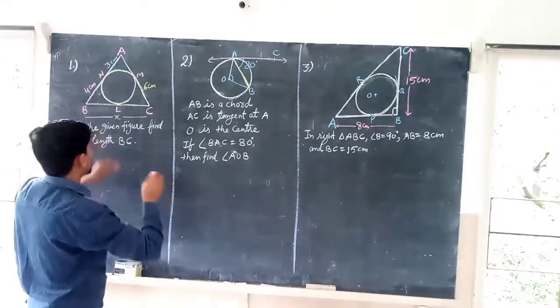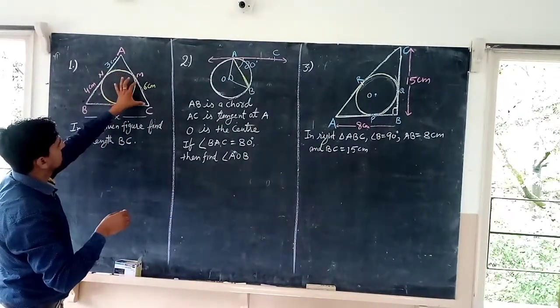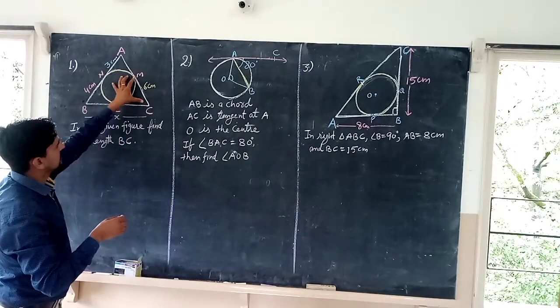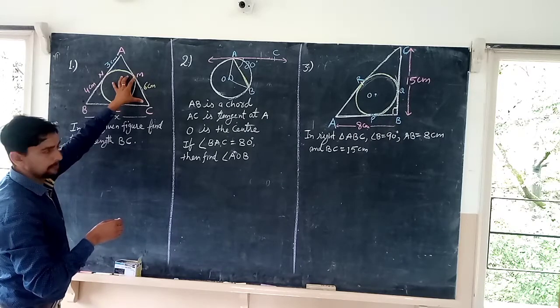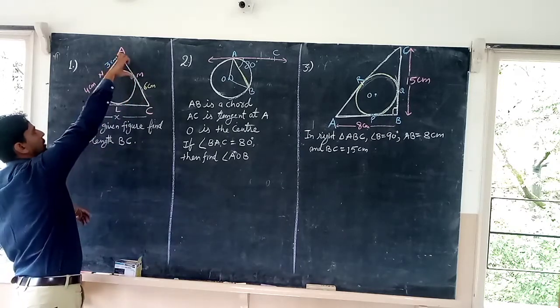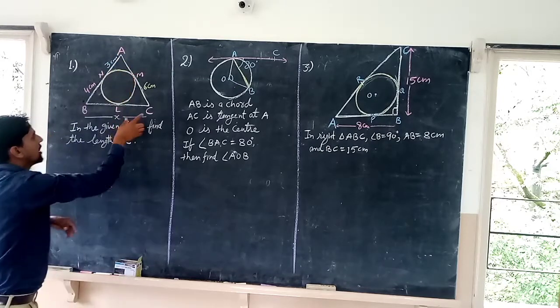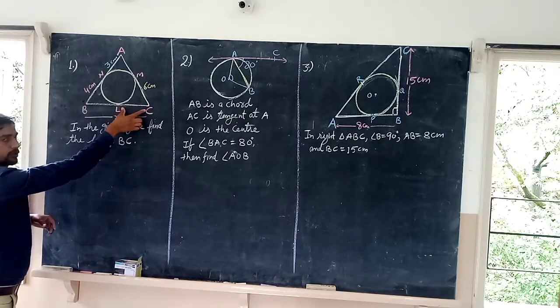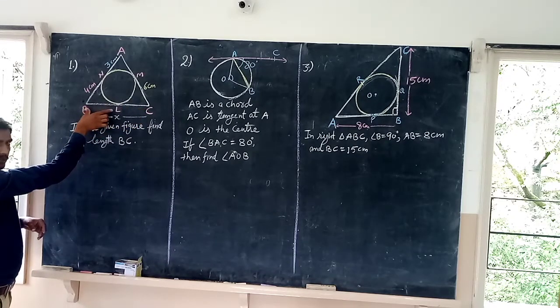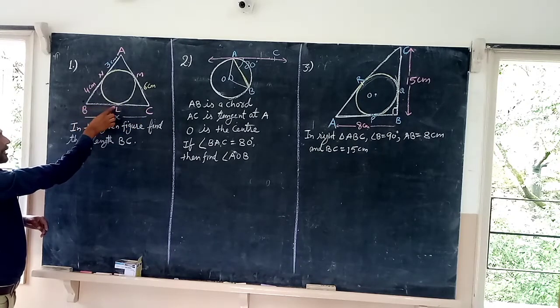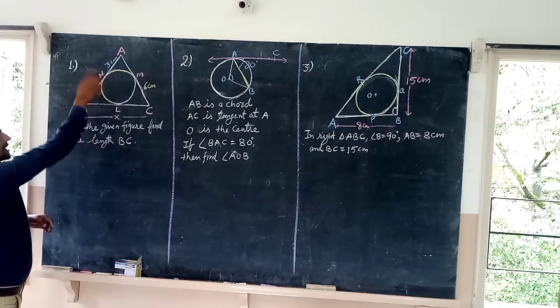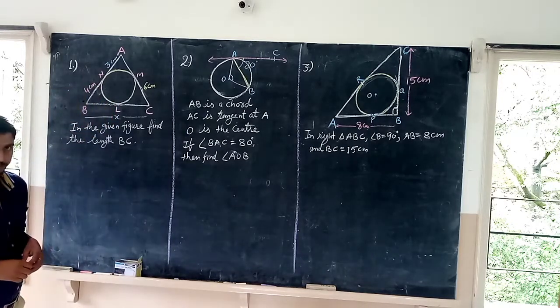So we can say MC is a tangent at point M, and AM is another tangent from point A at point M. CL is also a tangent at point L from point C. BL is also a tangent from point B at point L. Similarly, BN and AM.